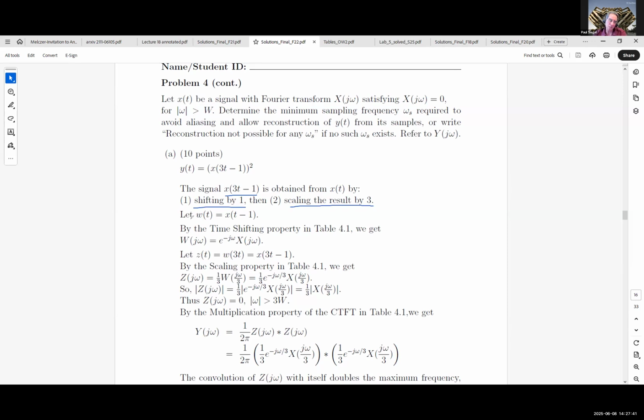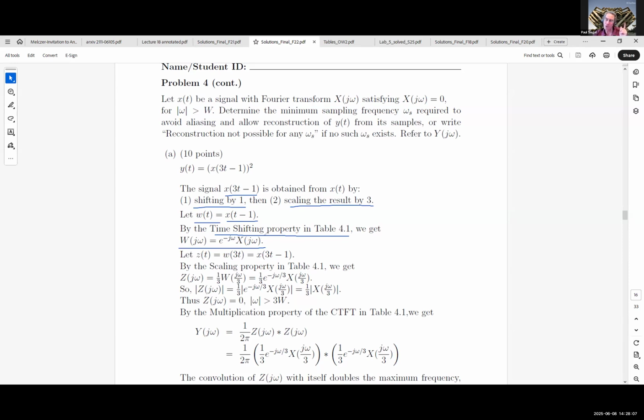So let's do it step by step. Let's just do the shift by 1, x of t minus 1. We know what time shifting does in the transform domain. From the time shifting property in the table, it's e to the minus j omega times X of j omega.